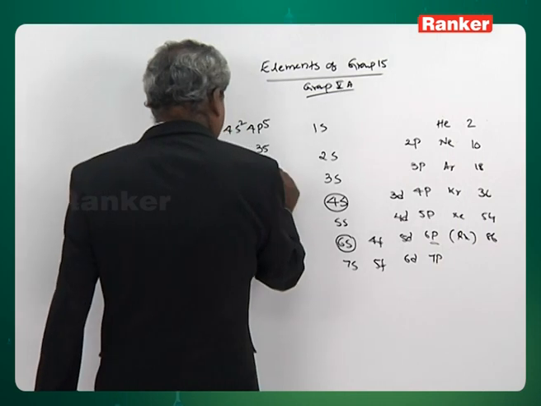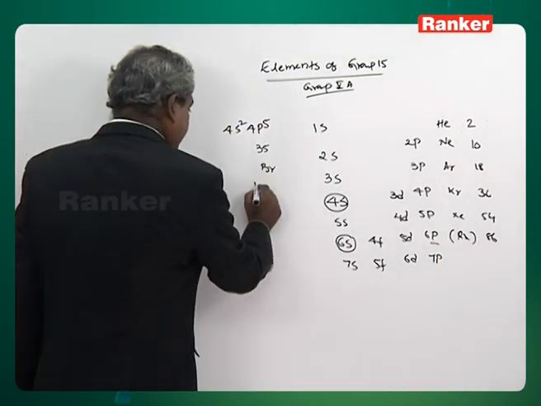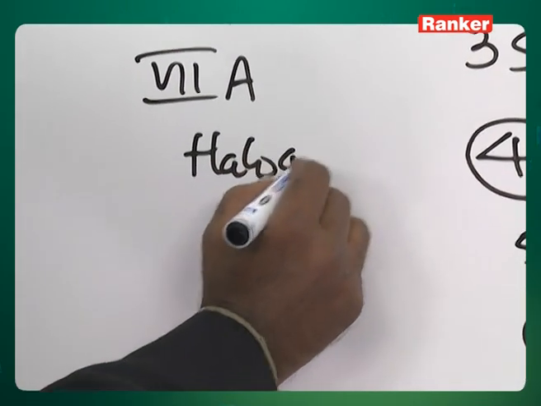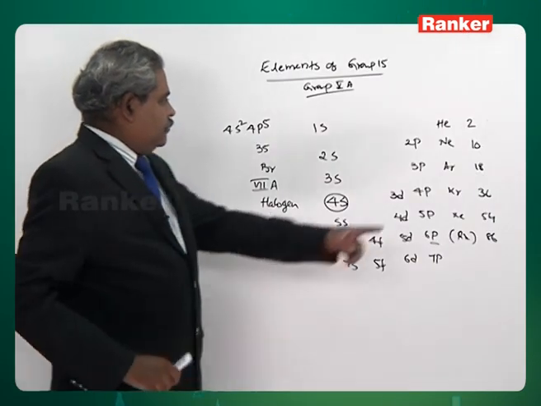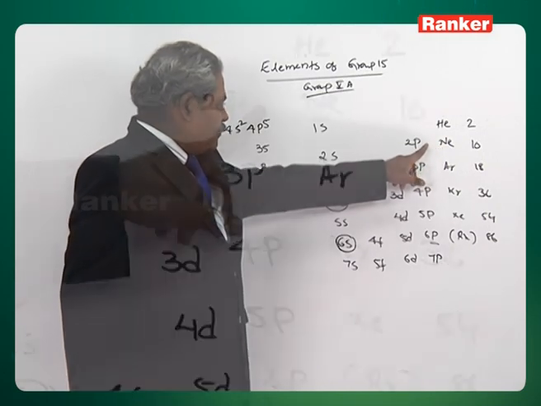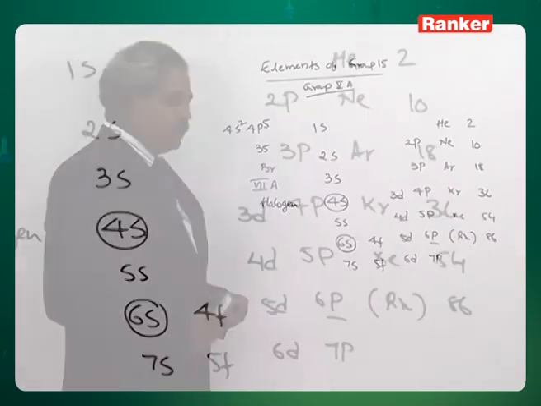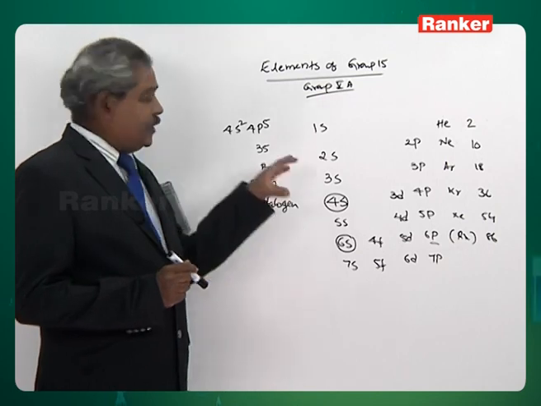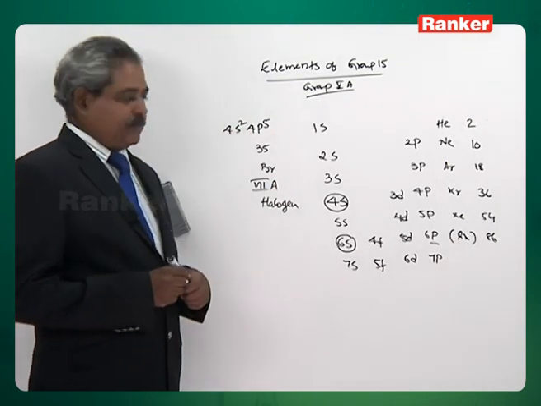This is bromine. 4s2, 4p5. 2 plus 5, 7A, halogens. Neon, 10, element number 9 is fluorine. Fluorine, chlorine, bromine. This is precisely bromine. So it's not at all difficult to relate the atomic number and electronic configuration with the element.